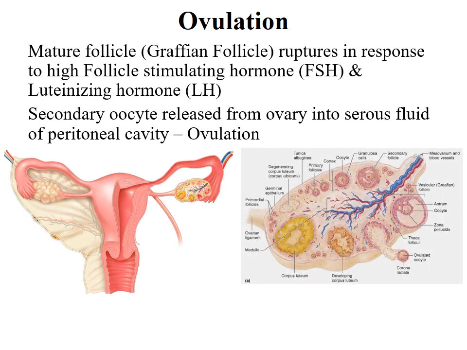This picture on the right hand side shows the various stages of development. This is the small primordial follicle, very small. As it matures, the size increases.